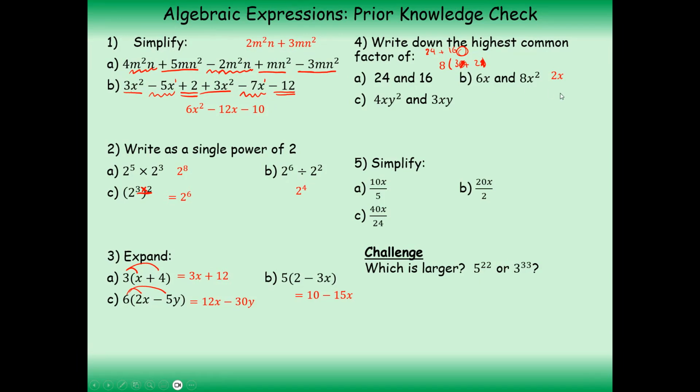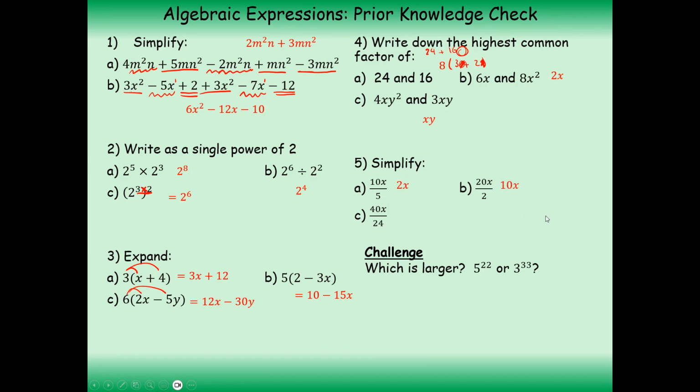So then for the next term, the highest common factor of 6x and 8x squared is 2x. That's the term that you would write outside of the bracket. Here, x to the power 1 and y to the power 1 is the common factor. For question 5, if you had to simplify this fraction, 10 divided by 5 would give you 2, so you'd get 2x.